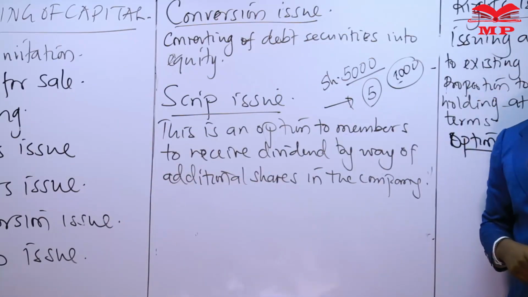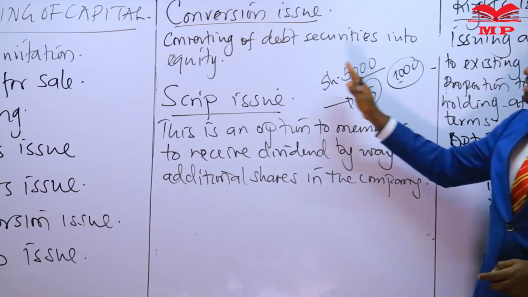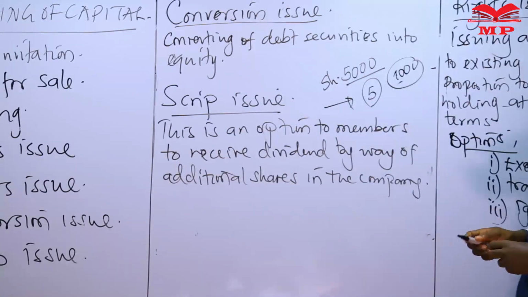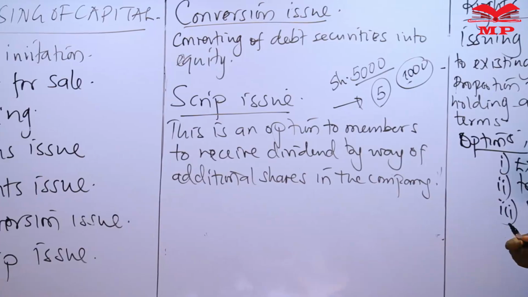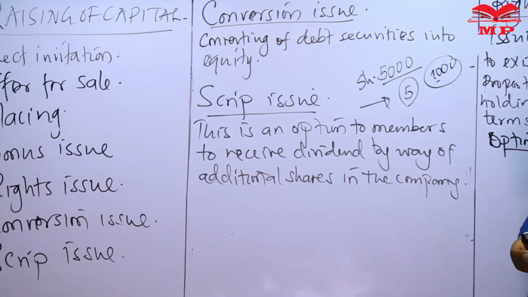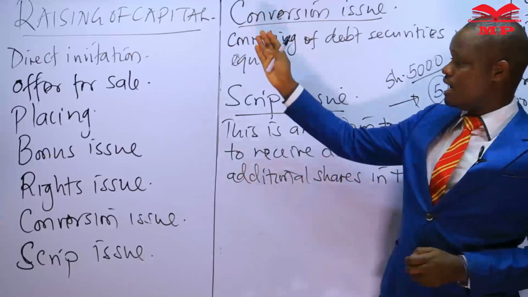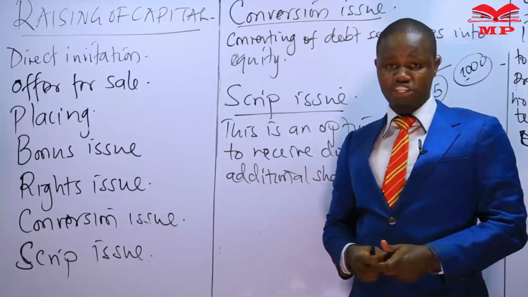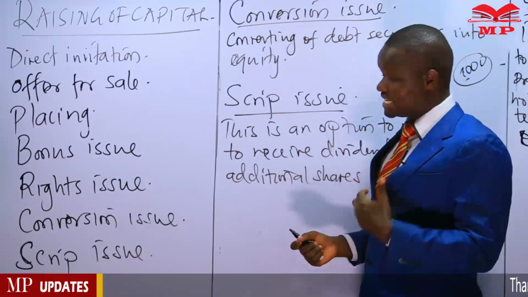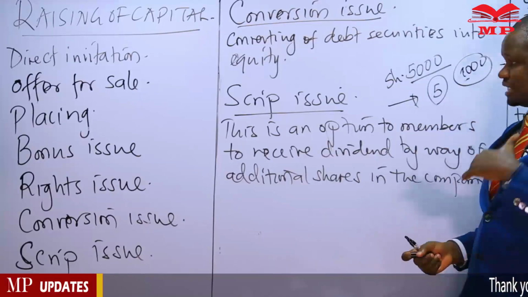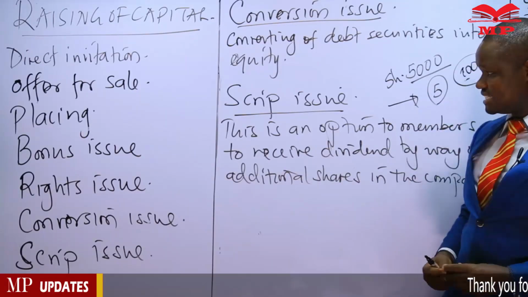as a company. So, dear class, these are the issues that we wanted to consider in this lesson regarding raising of capital. We have looked at the various options available to the company, particularly the direct invitation, where the company was targeting the public, issuing a prospectus as well as underwriting if necessary.